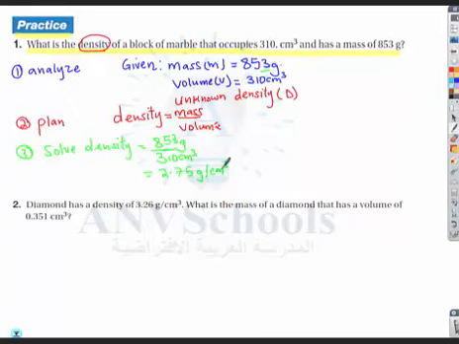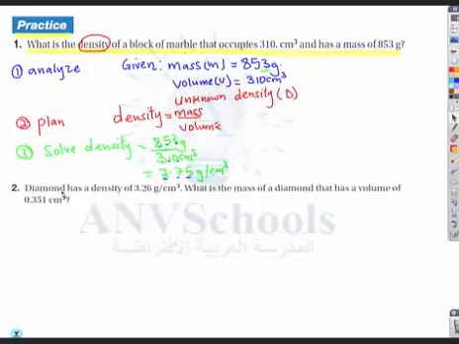So that is the density, and the answer has three significant figures. You can see 1, 2, 3, 1, 2, 3, 1, 2, 3. So our answer is correct here. We can conclude that our answer is correct. Let's go to the second question.